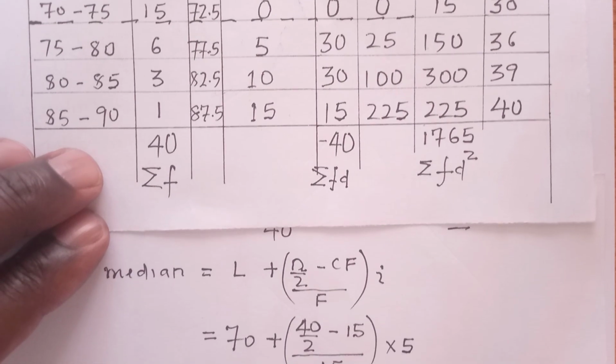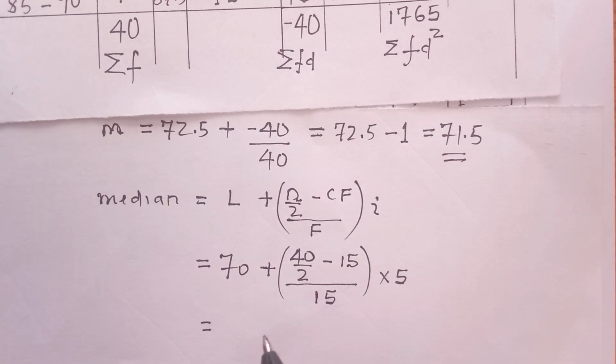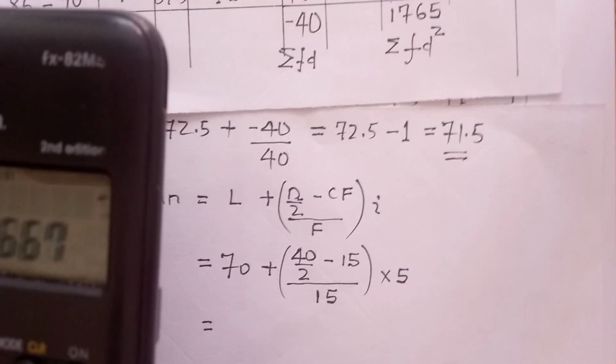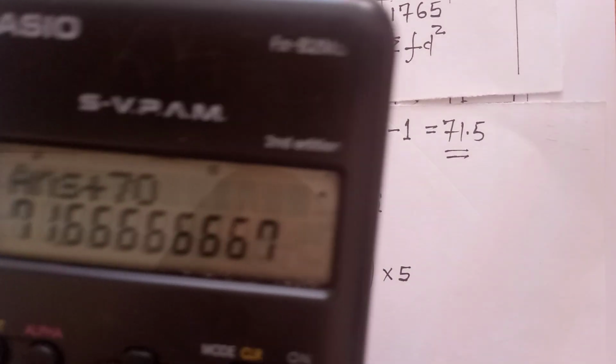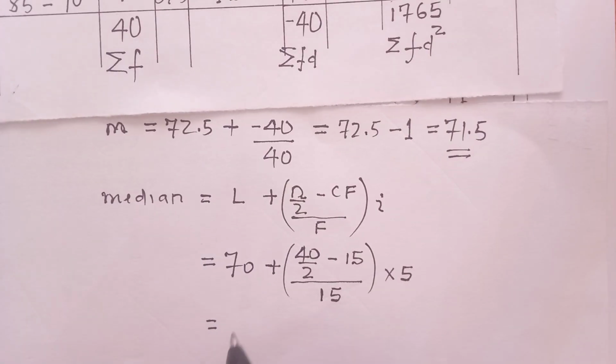So I multiply this one offline, and then I come back to you. Guys, my answer is 71.66, as you can see. So I write there 71.66. So that is our median mark.